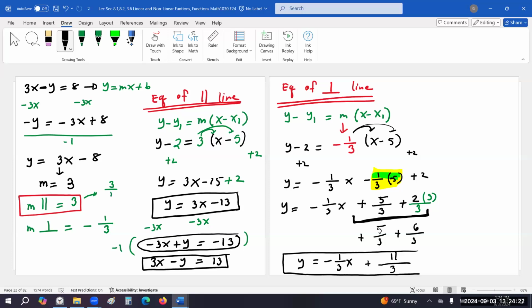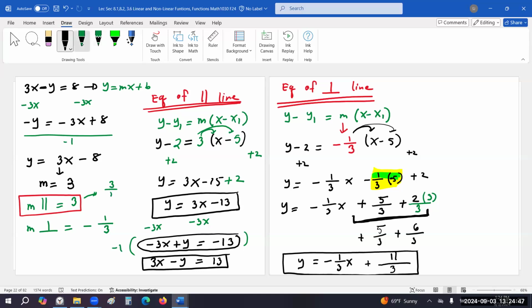And this is the equation in slope-intercept format. We are allowed to have a negative, we are allowed to have a fraction, because we want to get the y alone. So we don't care about what is on the other side. But they don't want us to have fraction or negative in standard format.